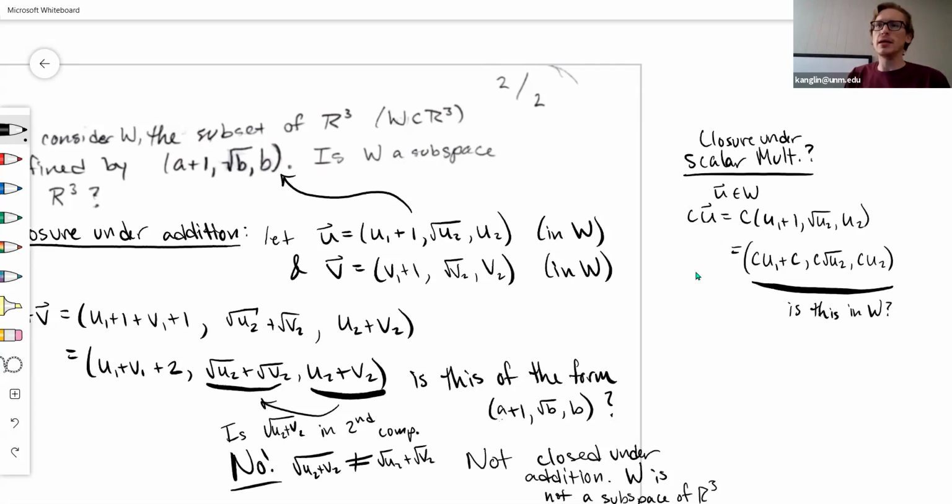Well, what do you think? The key feature of this subset, W, is that whatever's in the third component, its square root must be in the second. But we have C times U2. Is the square root of C times U2 what we have in the second component?